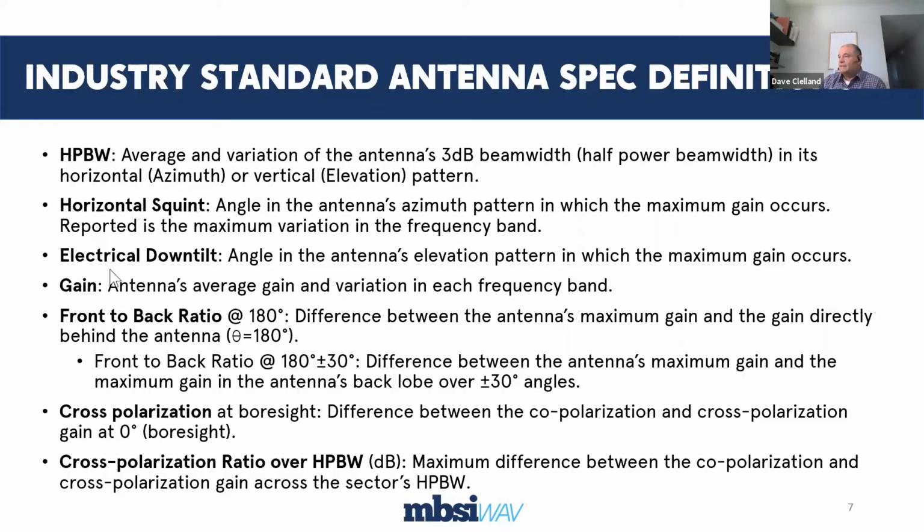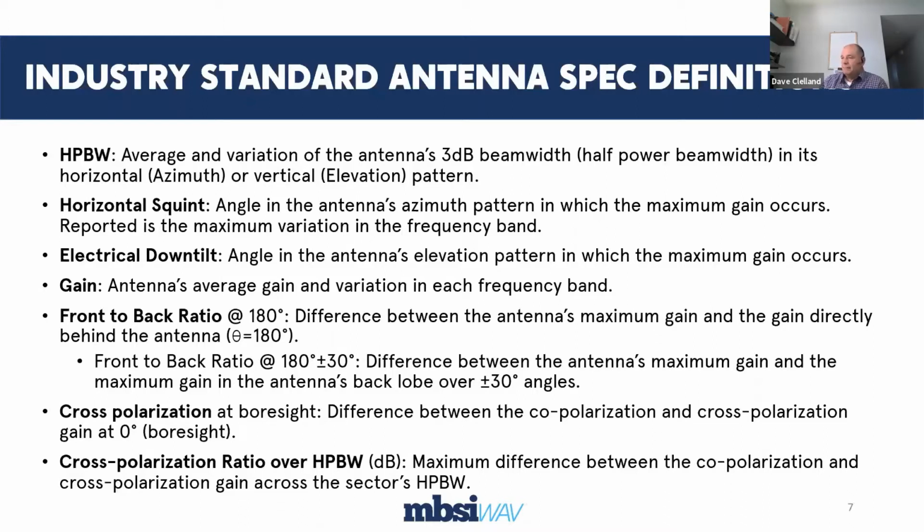All right, we have electrical down tilt. We talked about that just a little bit. That's the relationship of the elements to each other. There are really a couple of different types of sector antennas out there. One of them uses elements that are spaced so that there is no down tilt, so the vertical beam width of the antenna is pointed right at the horizon.